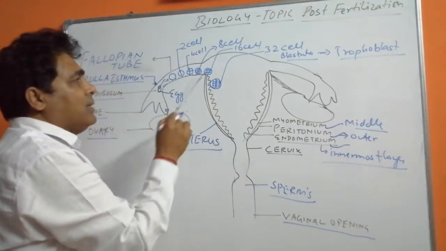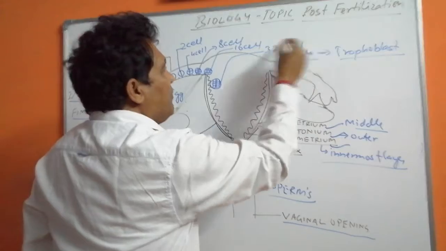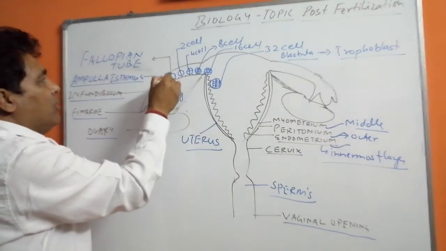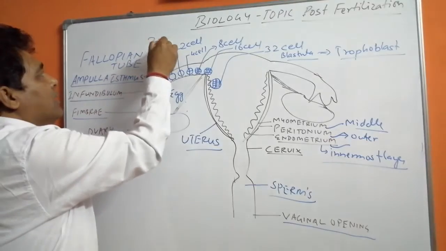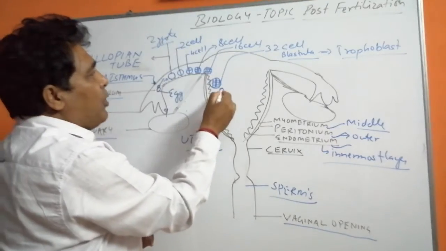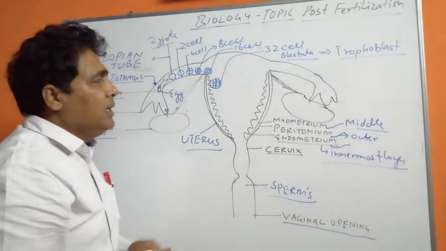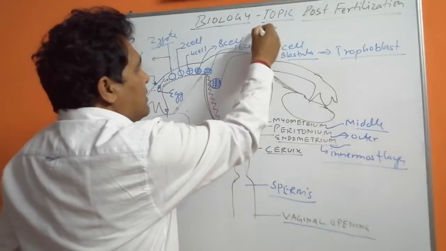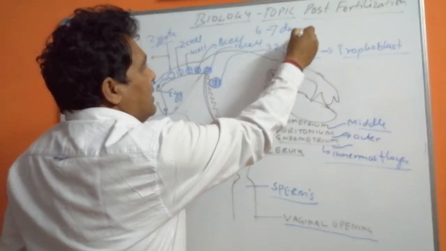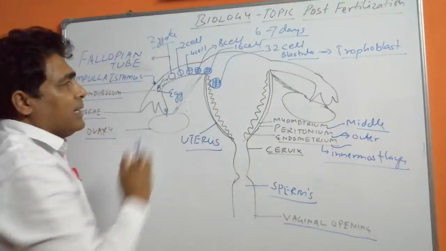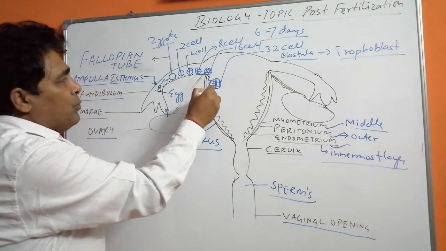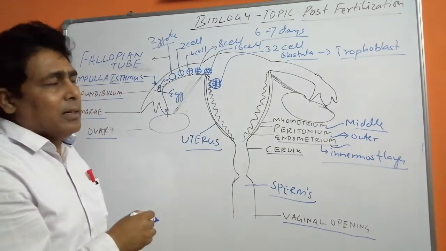From the formation of the zygote till the formation of the 32 cell stage blastula, it has taken about 6 to 7 days, and it embeds inside these grooves of the endometrium layer.